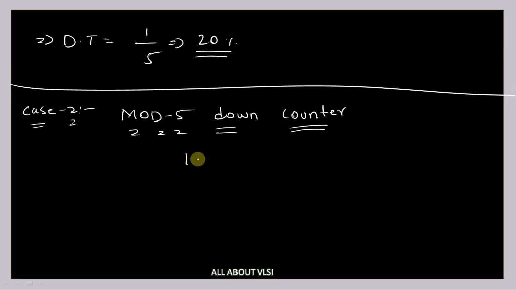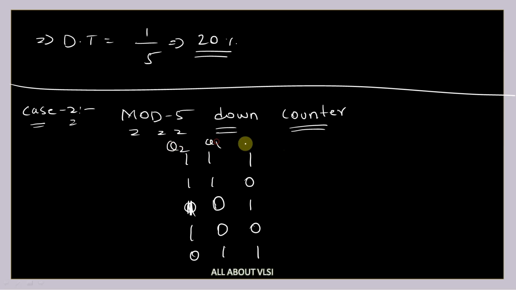It is starting from 111, 110, 101, 100, 011. So this is my mod 5 down counter, starting from 7, 6, 5, 4 and 3. Here this is Q2, Q1 and Q0.